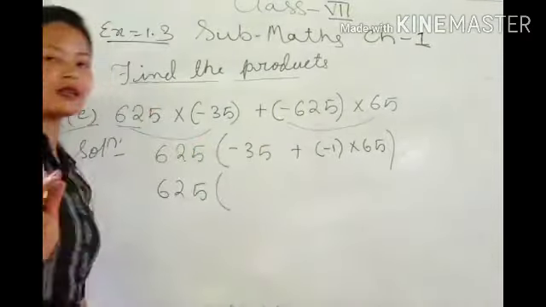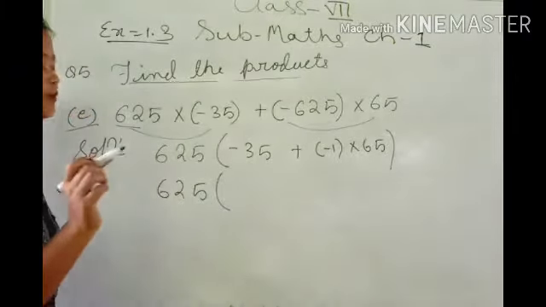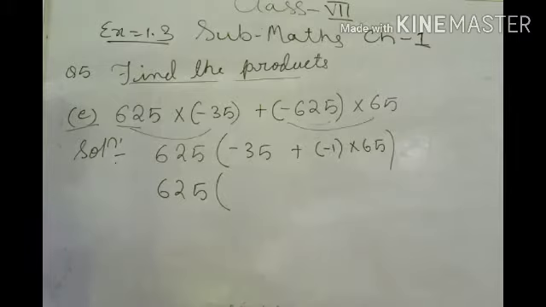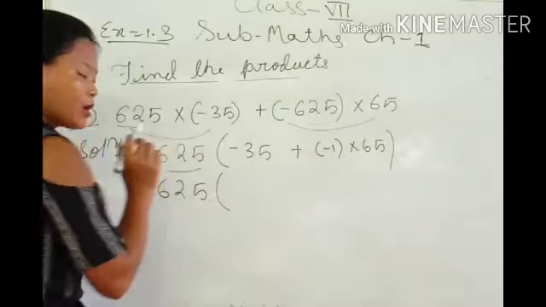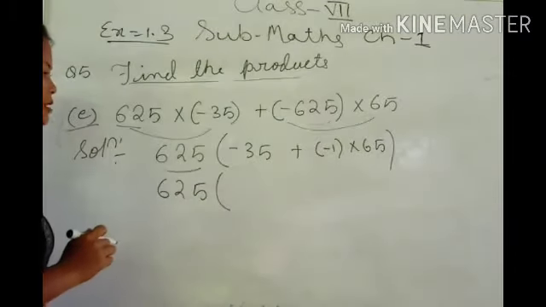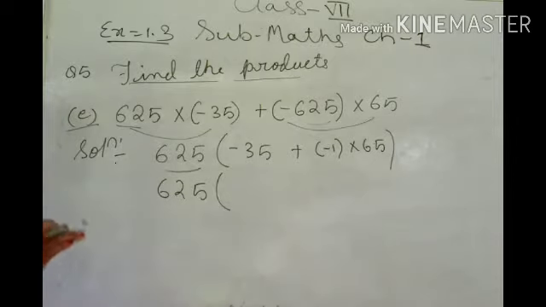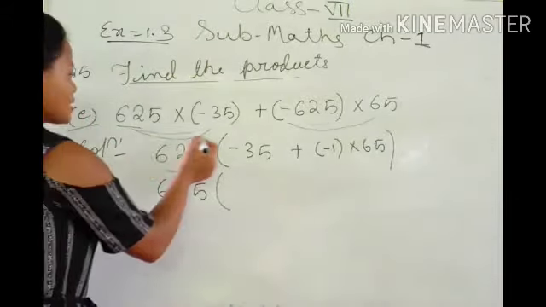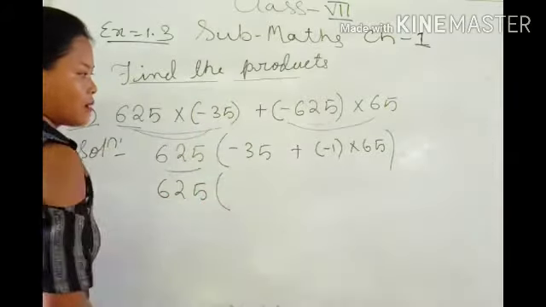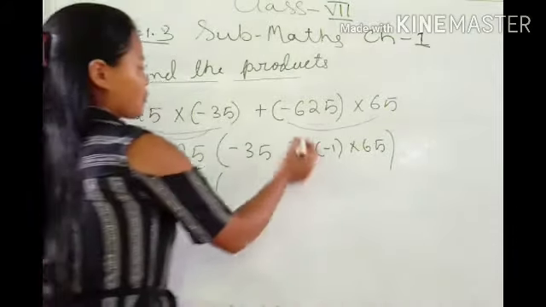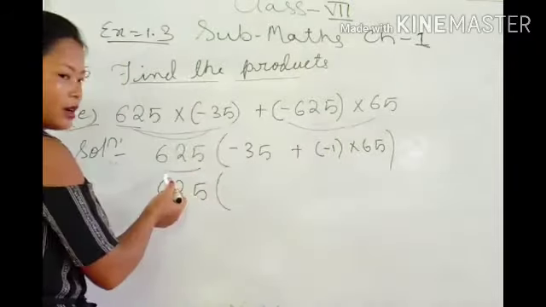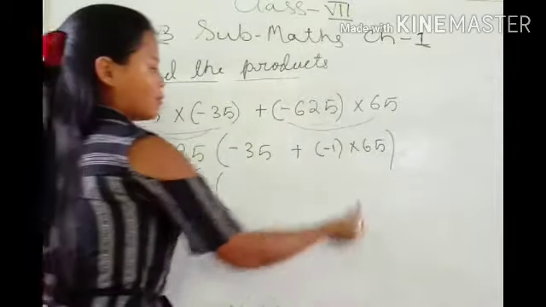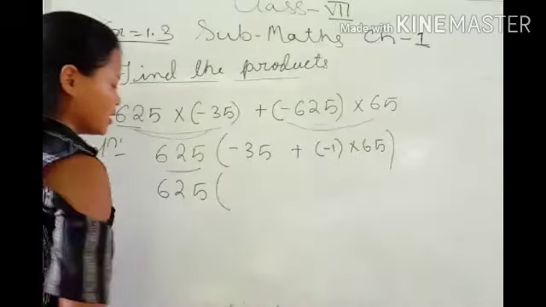But this one is negative and that one is positive, so you take only positive 625 as common. This is the distributive law. Now 625 is common, so what is remaining? Minus 35, and after taking 625 out, minus is remaining, so you write minus 1 into 65.